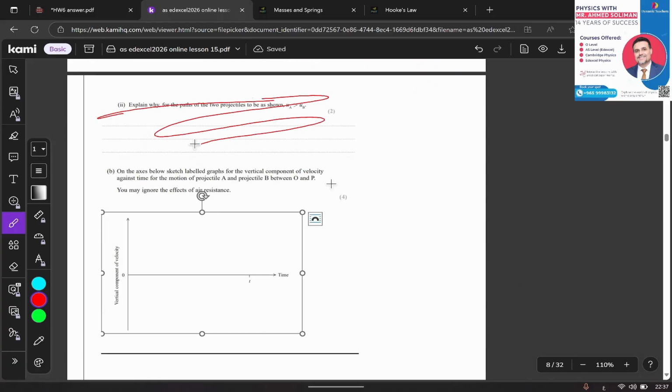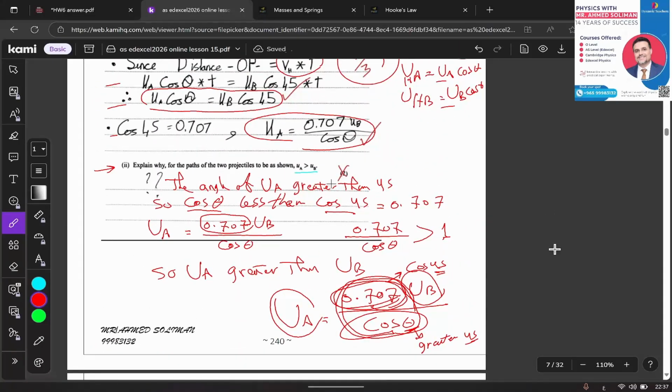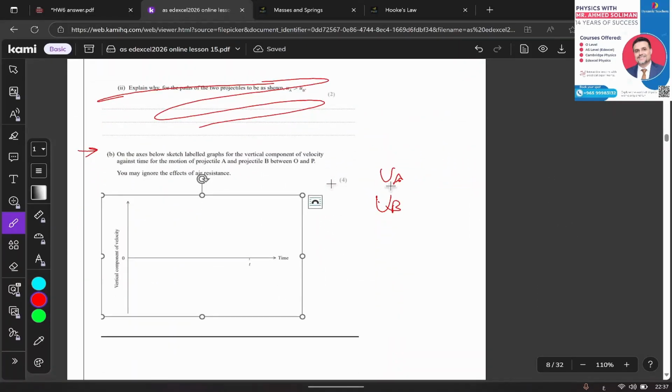This is repeated. Now let's move to this question. So, Habiba, what do you think? How can we draw this? We have UA and UB. Which one is greater? UA, of course, we will draw for vertical.